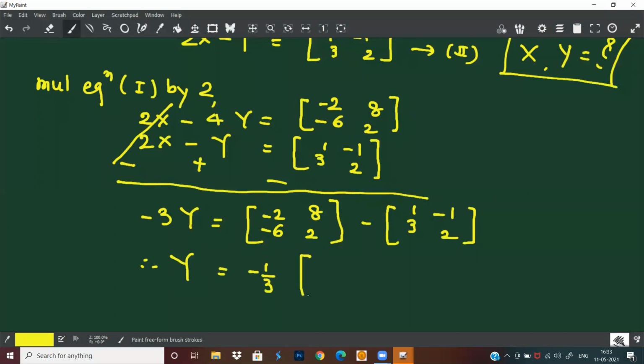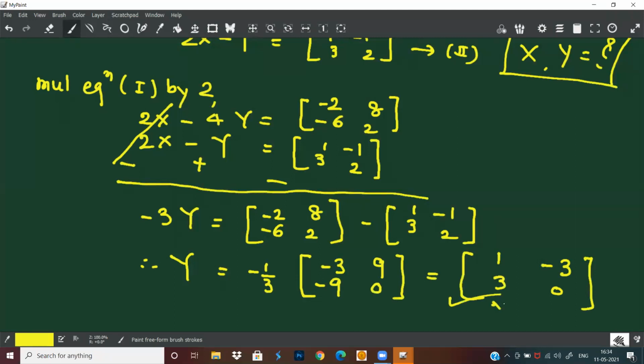Minus 1 by 3 comes down. Minus 2 minus 1 is minus 3, 8 plus 1 is 9. Minus 6 minus 3 is minus 9. 2 minus 2 is 0. So multiply each by minus 1 by 3. So this becomes 1, this minus 3, this 3 and this 0. So this is your y. Correct?